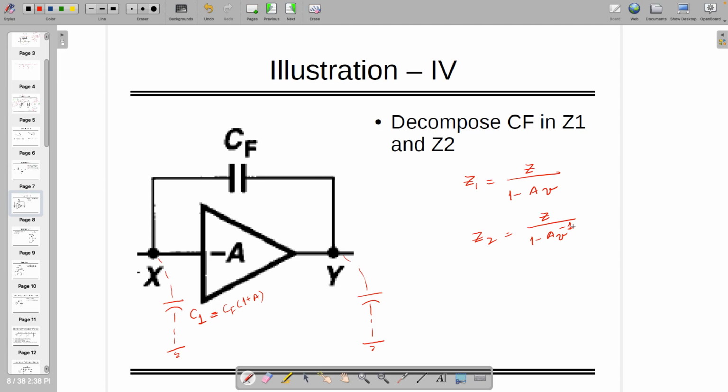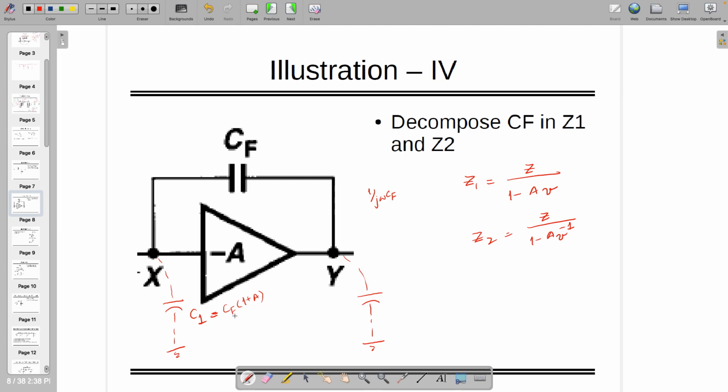Okay, is it correct or not? Correct, right, because impedance is 1 by j omega CF. In this case Z, just keep those values over there, and without the frequency component you can get the capacitance.